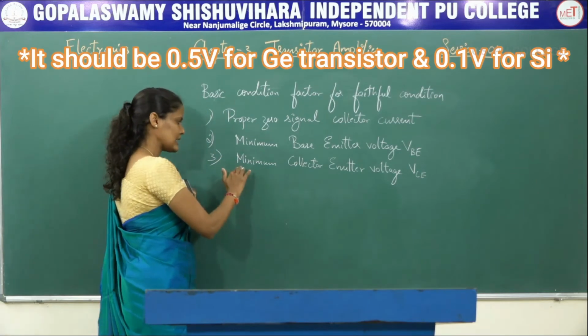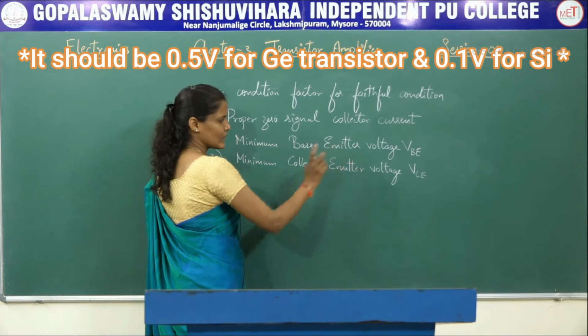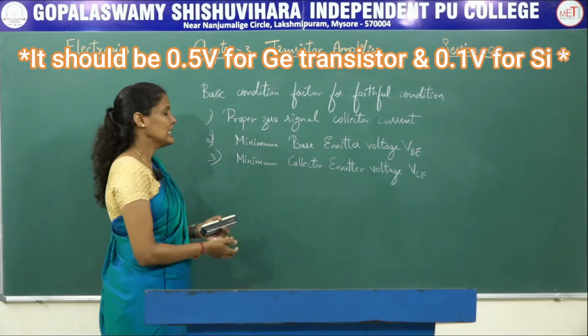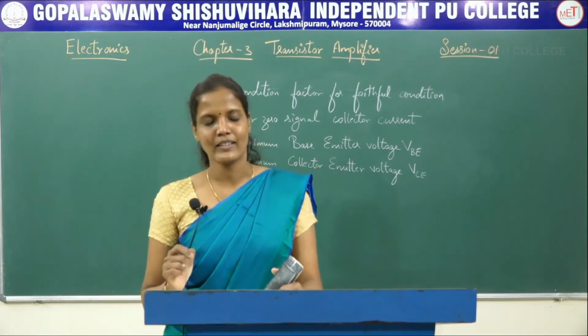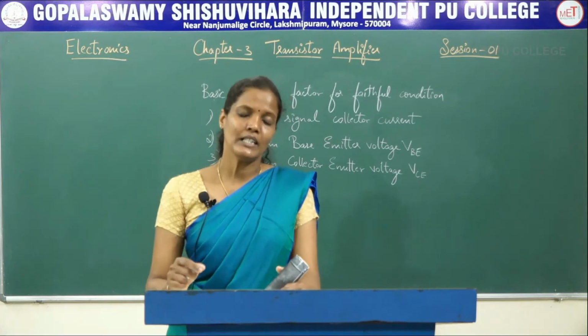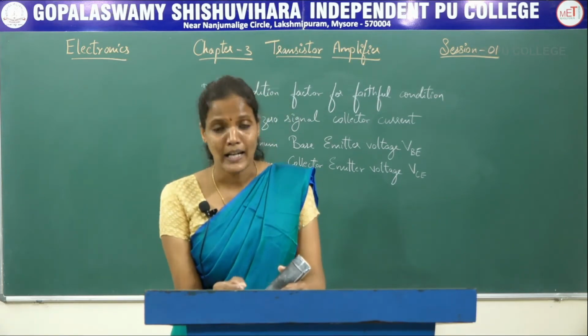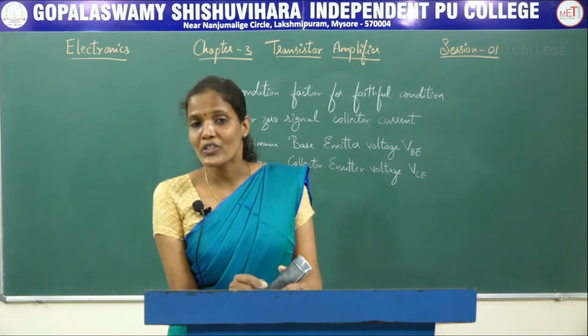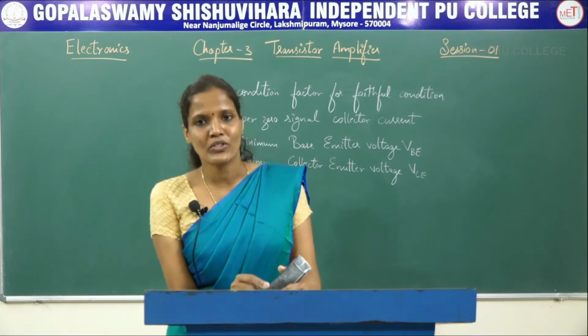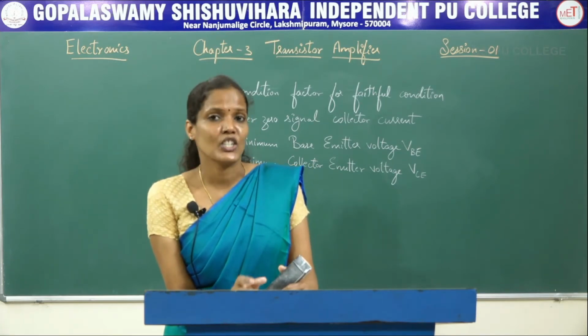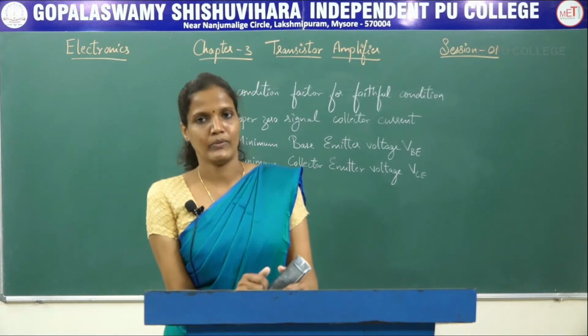And the third one is minimum collector emitter voltage VCE. So these are the different condition factors which are very important in order to get faithful amplification. That is, the process of strengthening the weak input signal without change in its shape is faithful amplification.